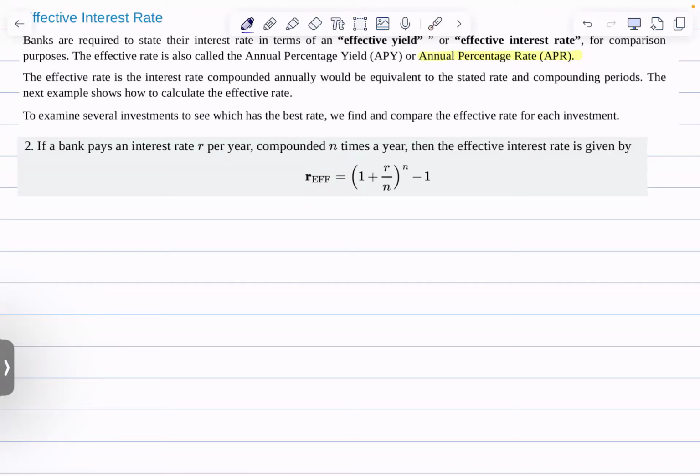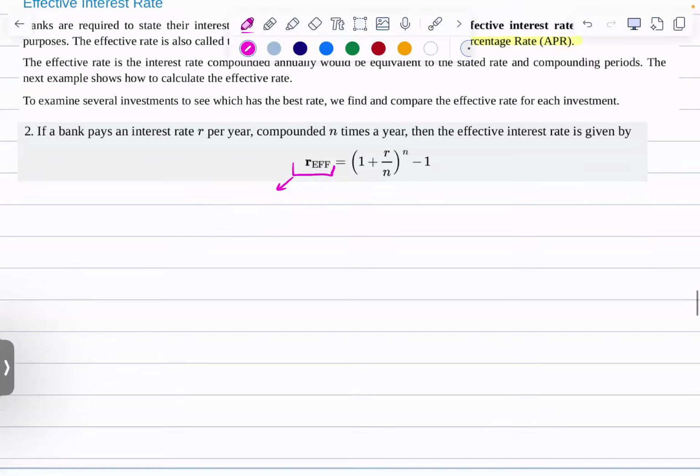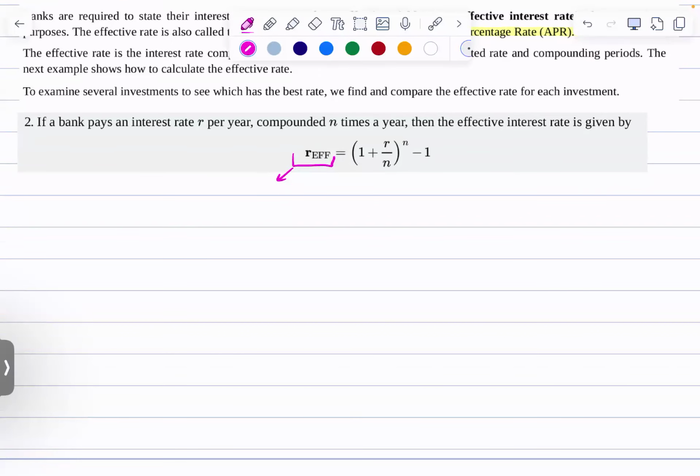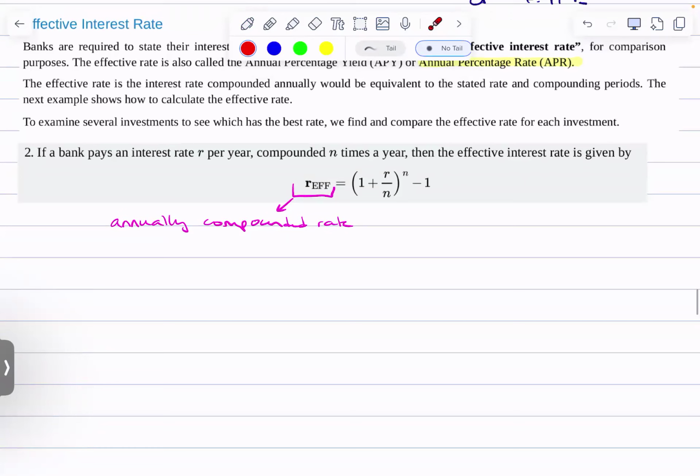And remember, the effective interest rate, by definition, is the annually compounded rate. So if it's being compounded N times per year, the effective interest rate gives you the same yield, but compounded annually instead, right?